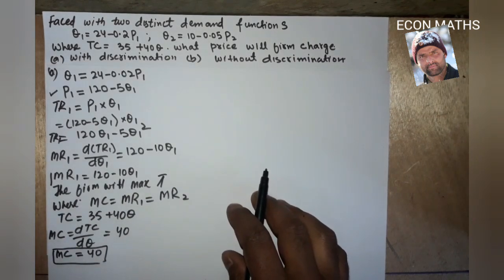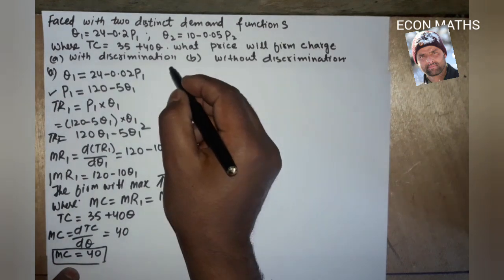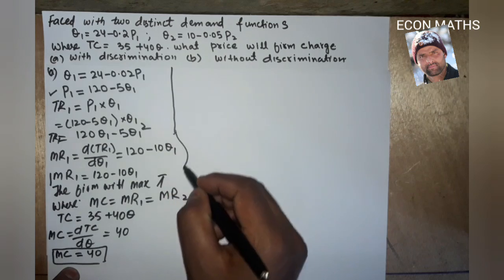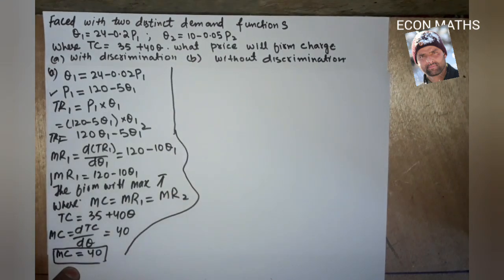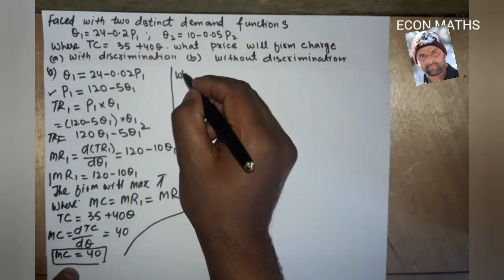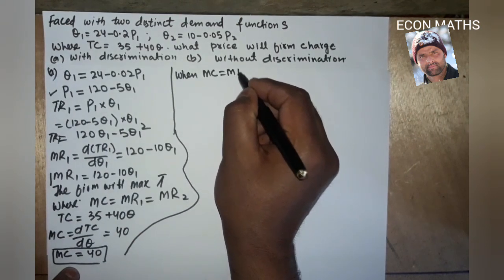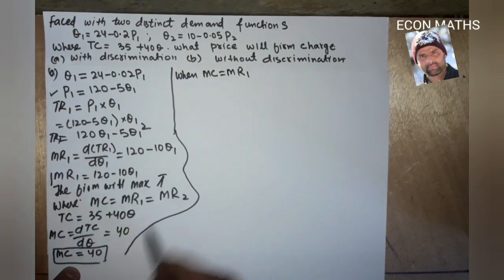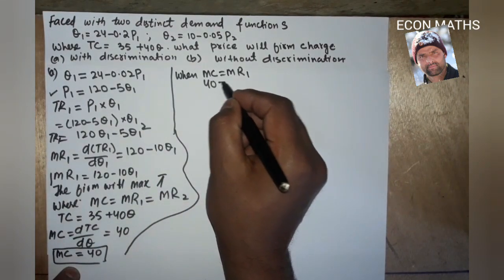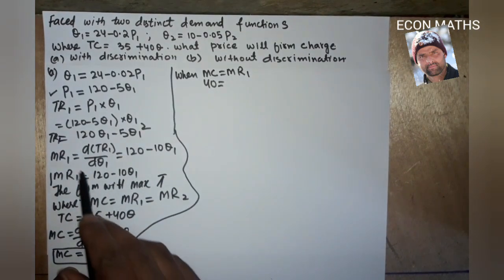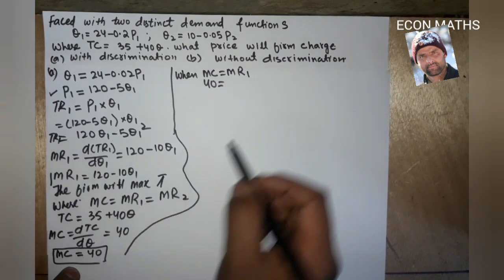Now, we have calculated marginal cost. We will equate it with marginal revenue. The equilibrium condition is when MC is equal to MR1, that is, marginal cost, 40, is equal to our marginal revenue, which we have calculated as 120 minus 10Q.